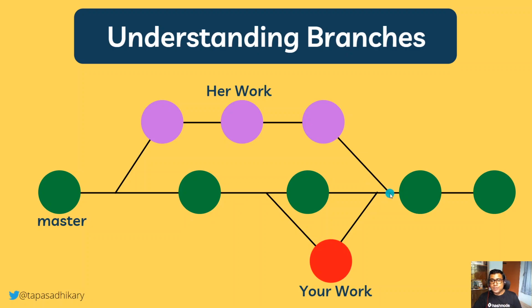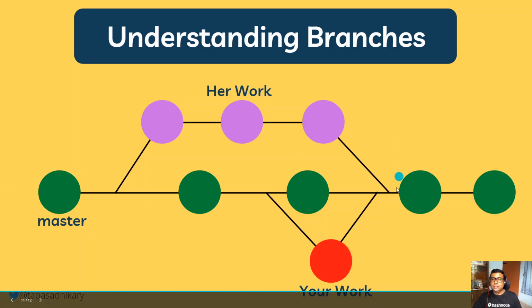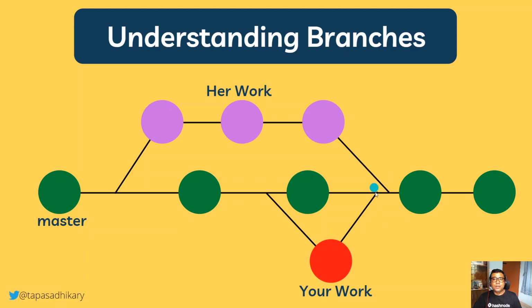At that point, the master branch has all the changes that we have made, plus your change, plus her change. So master is very much updated with all the features that we wanted at that point of time. I hope you understand the concept of branching now. We are going to see that in practice right away.